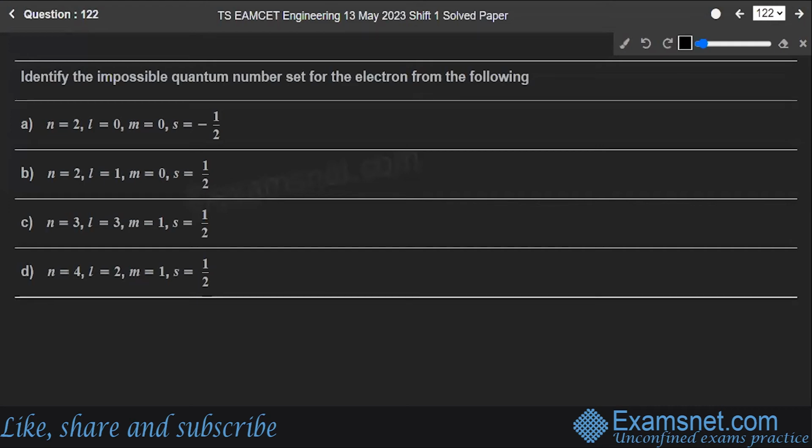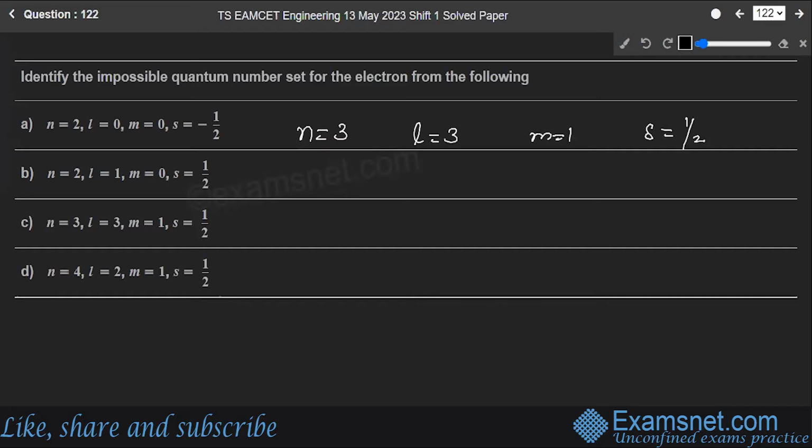Question number 122. Identify the impossible quantum number set for the electron from the following. If I look closely at this one, when I choose the option C, where n is equal to 2, l is equal to 3, m is equal to 1, and s is equal to 1 by 2, it is an impossible set of quantum numbers.